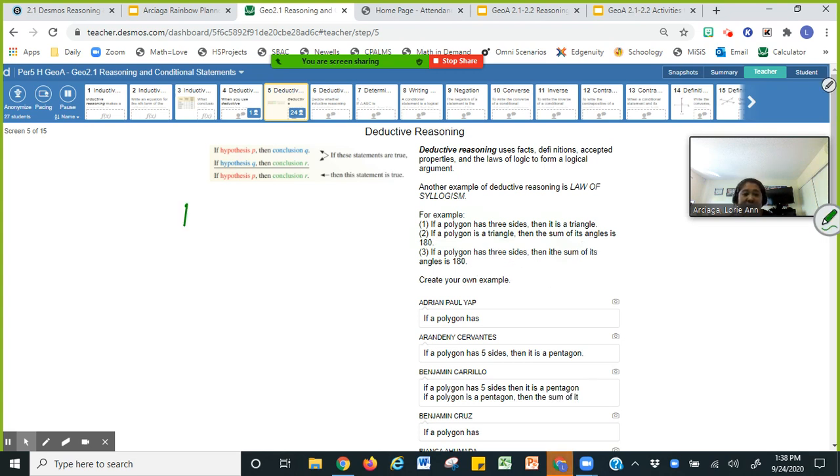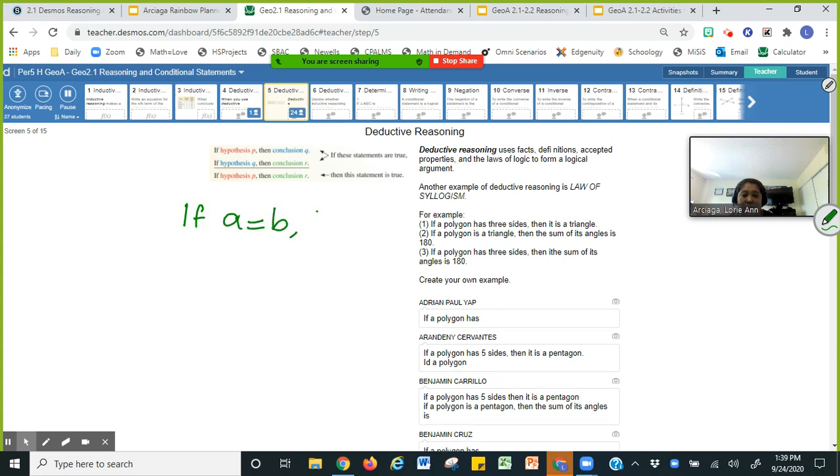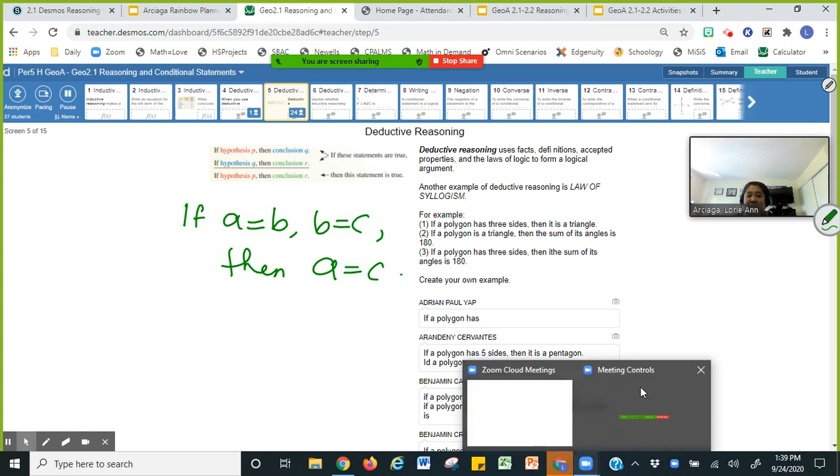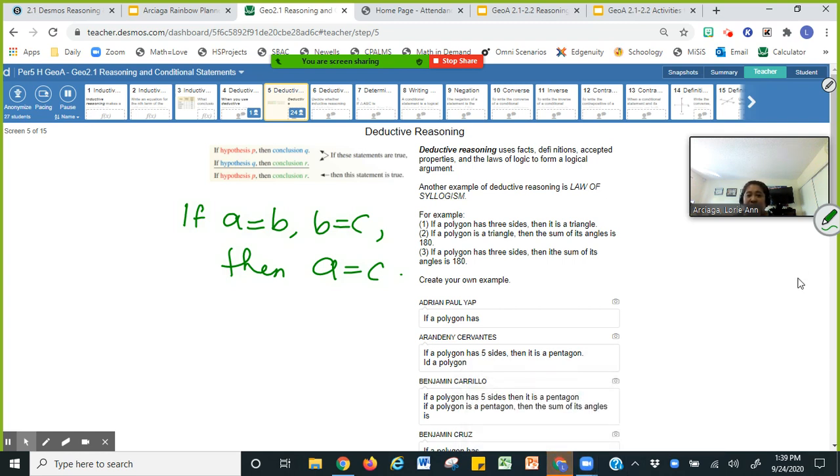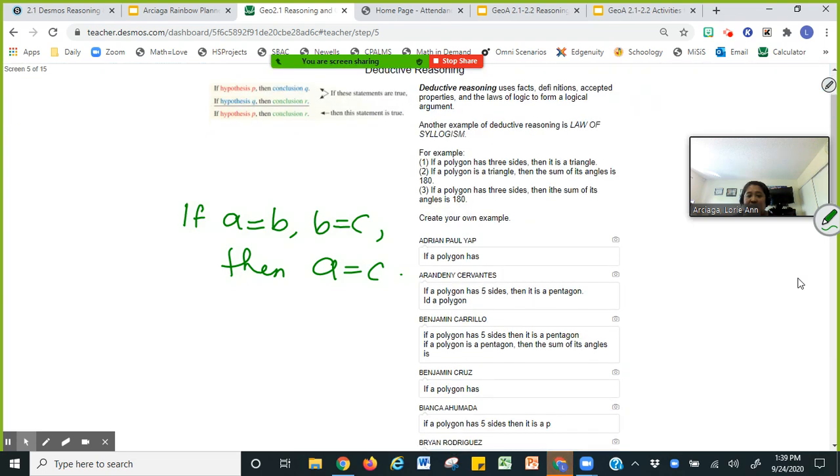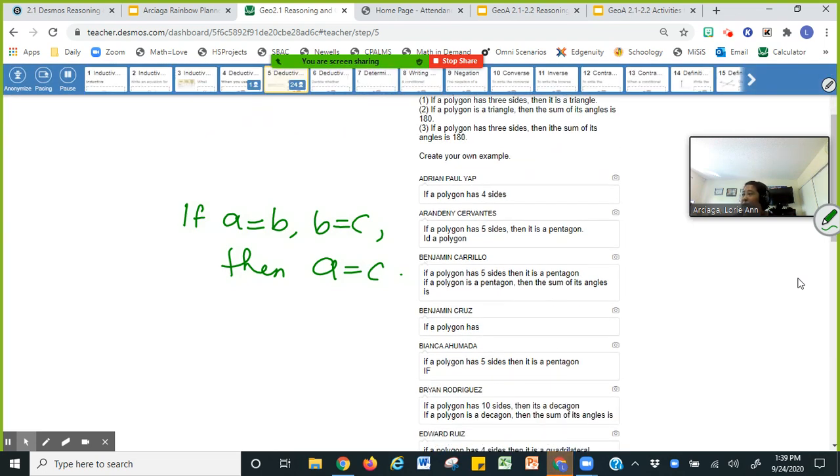This one is similar to, can you tell me what property this one is in algebra? What property is that? The one that I wrote on your screen. Who remembers that property?